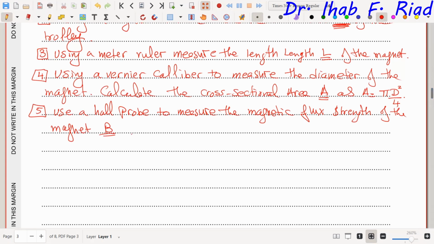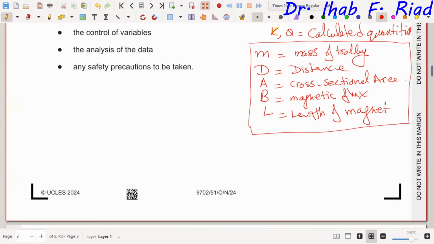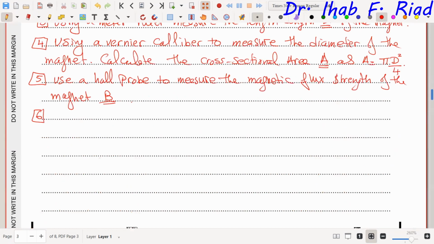Okay. What else do we need to say over here? So almost everything we got. We are not measuring the distance D because this is going to come later, right? Right. Okay. So what else do we need to tell him? We did that. We did that. What should we tell him here?